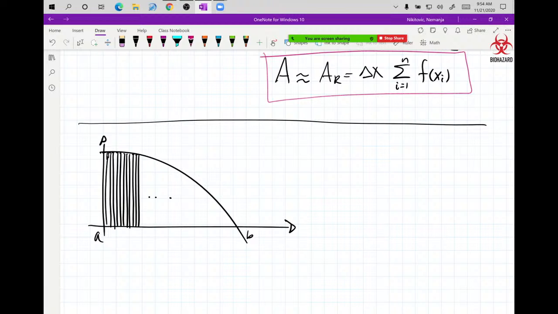So, if I squeeze in here infinitely many rectangles, they become infinitely thin. Okay, well, that's a concept now. I have a rectangle of width near 0. That's something to think about, which a lot of people can't wrap their head around. But as soon as I write that delta x is equal to (b minus a) over n, and then say that b minus a is some kind of number divided by infinity, oh, that does go to 0.